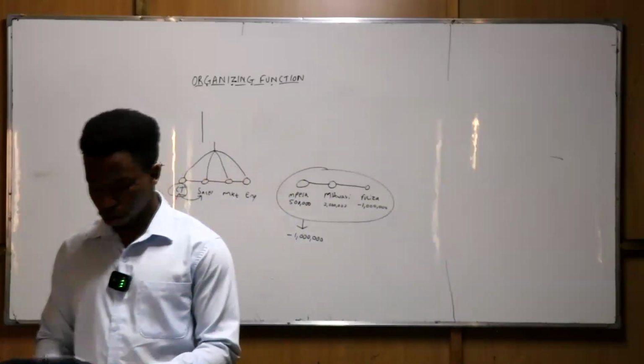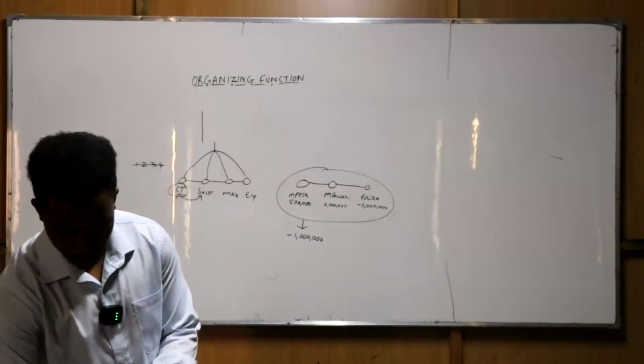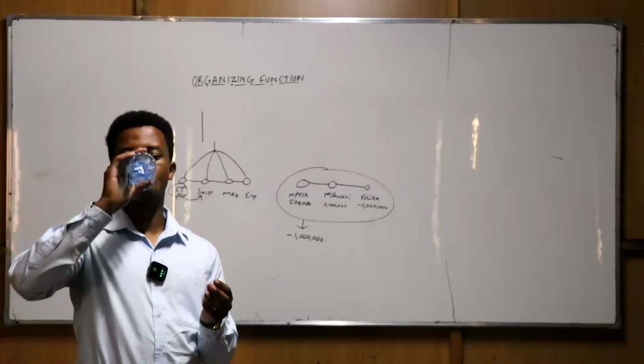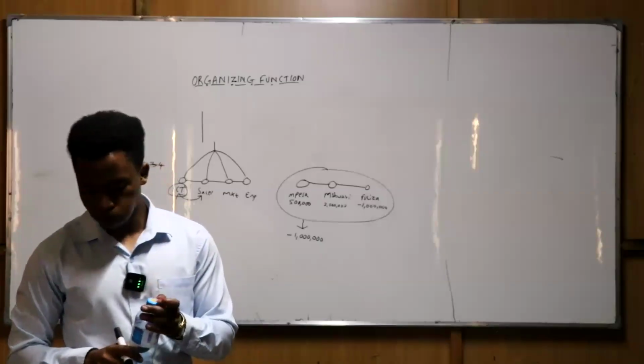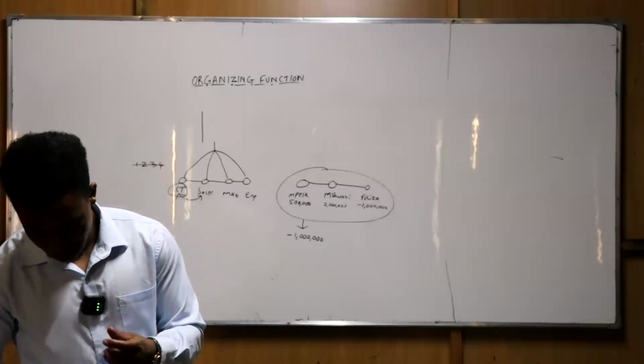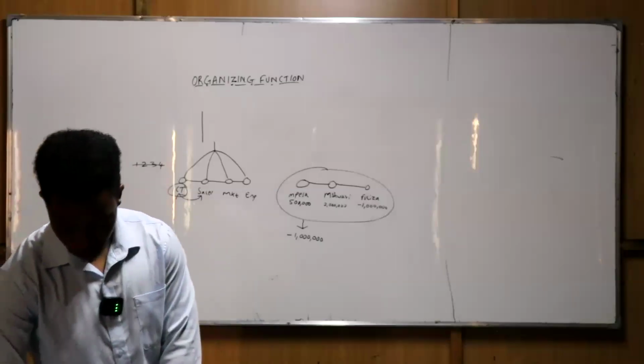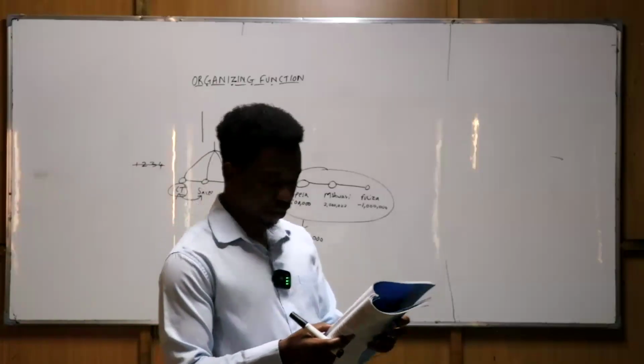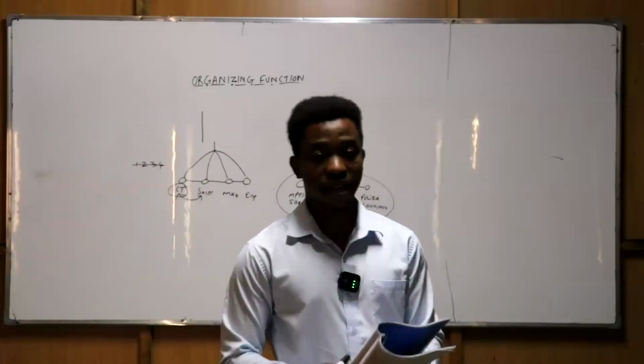Then now we move on to authority and responsibility. So we'll start by defining those two terms. So authority is the right to give orders and exact obedience.